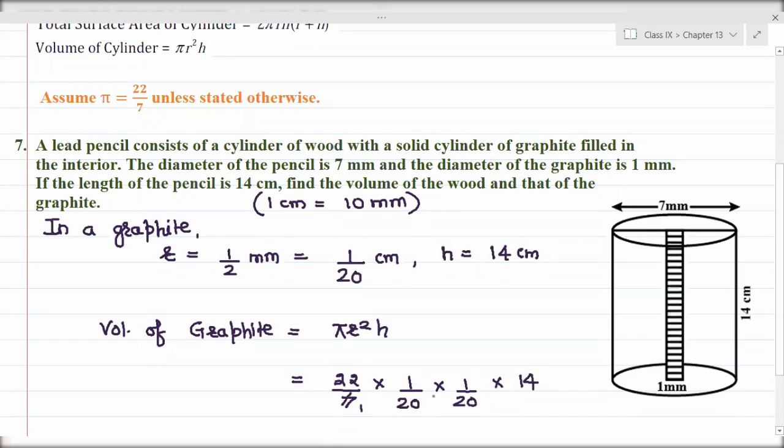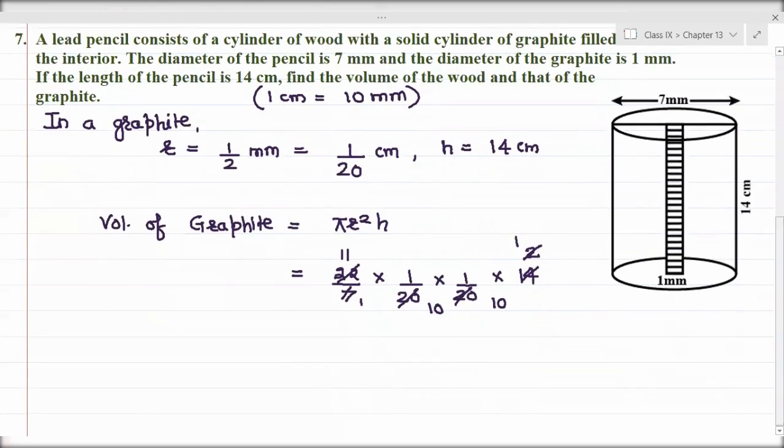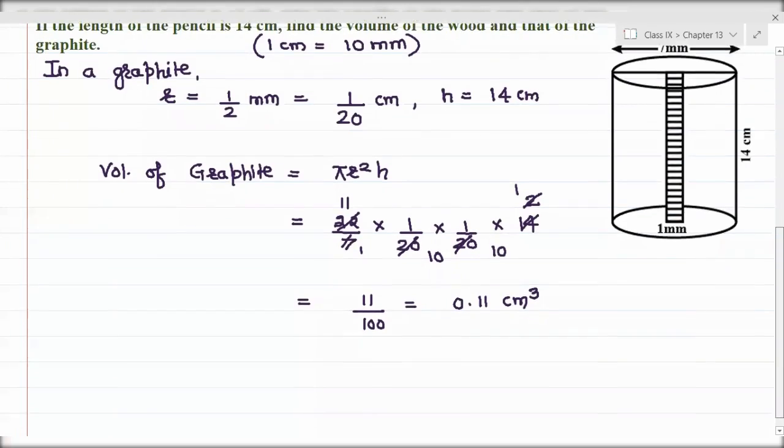From 7, if I cancel 14, 2 times it is cancelled, 2 ones are 2, and again 20 will be cancelled 10 times. Here 20 I will cancel 10 times, and 22 if I cancel 11 times. Okay, so here the calculation part is coming 11 upon 100, and 11 upon 100 I can write down 0.11 centimeter cube. This is your volume of the graphite and first answer.